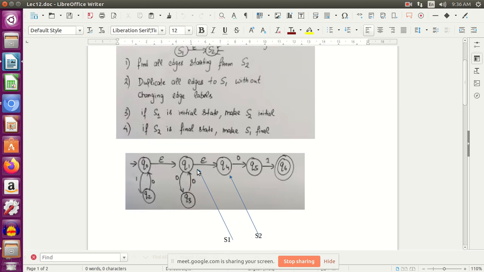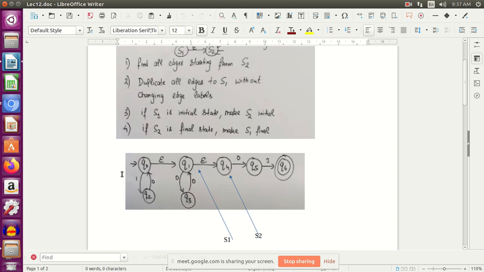We are going to start with this epsilon move, because after Q4 we do not have any further epsilon moves. That is why it's the correct way to remove this one first rather than this one, because even after this one we have another epsilon move. Suppose you had another epsilon move over here, then you would have removed this one first, then this one, and then this one.